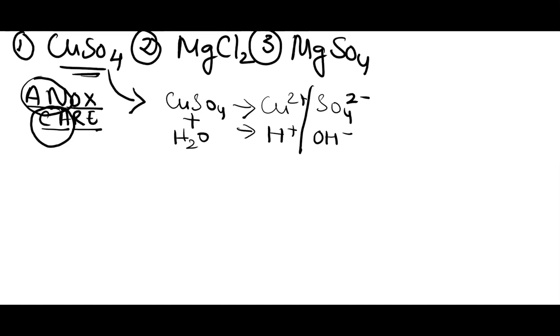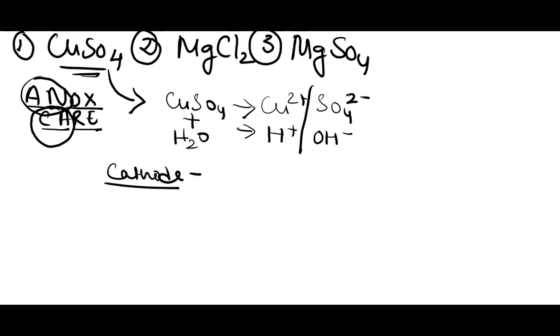For negative ions we have SO4 2- and hydroxyl ion. Now we will carry out what will happen at the cathode end and what will be the product over at the anode. Now cathode, according to this mnemonic that we have to remember for sure, will undergo reduction, that is gaining of electrons. Now cathode is itself negative, so it's gonna attract the positive ions. So we have two options, copper and hydrogen.